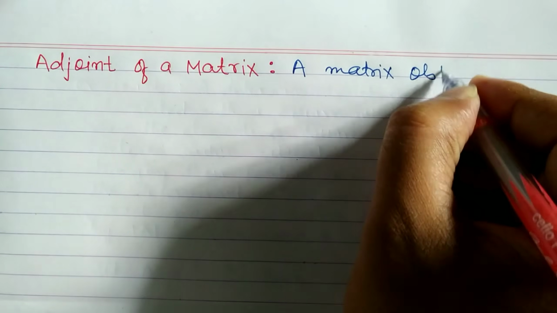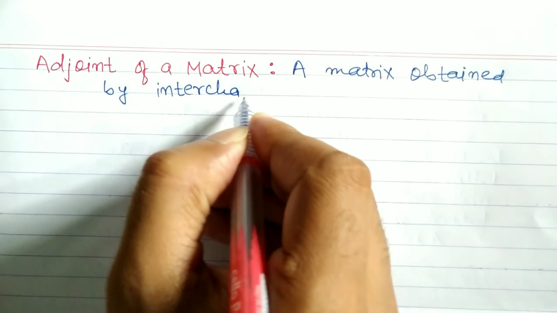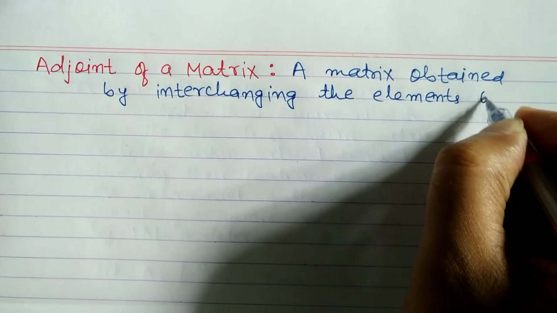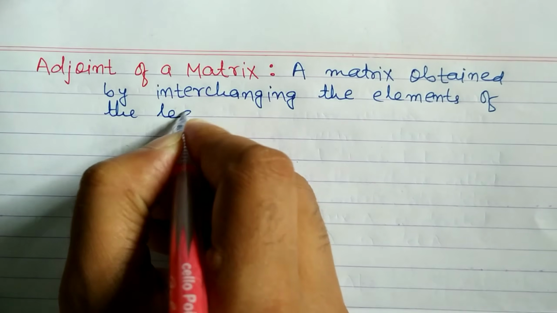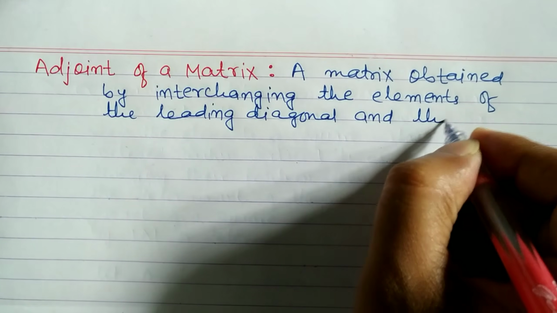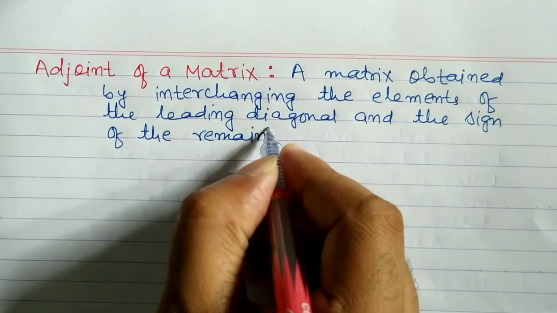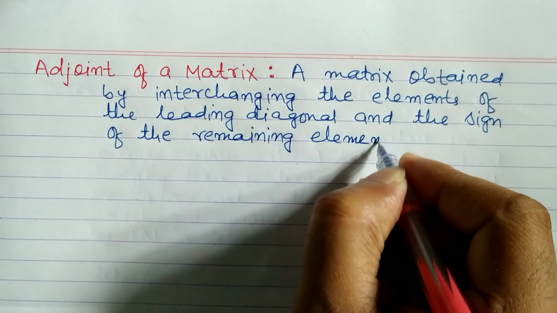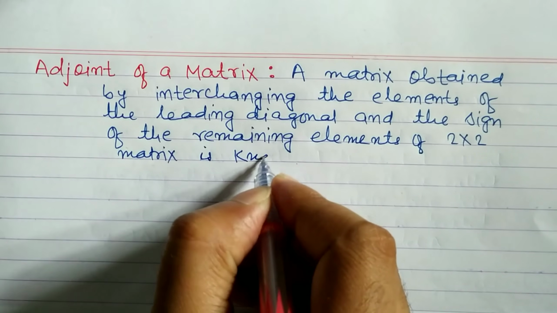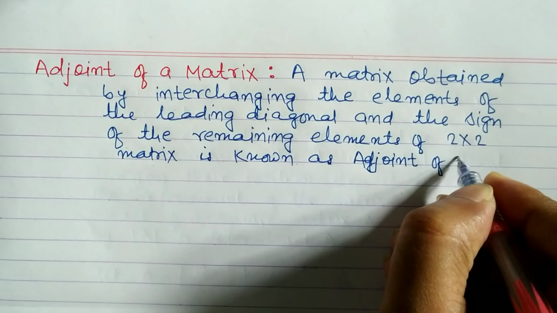A matrix obtained by interchanging the elements of the main diagonal, or of the leading diagonal, and the sign of the remaining elements of a 2 into 2 matrix is known as the adjoint of a matrix.